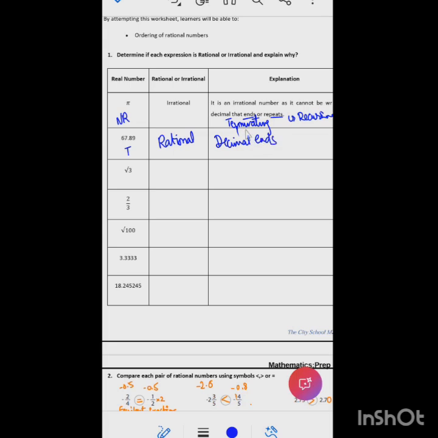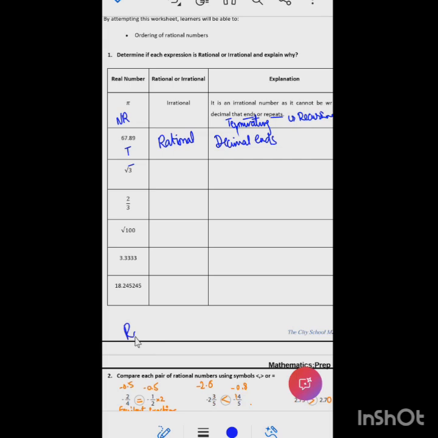So next is square root of 3. Ma'am, we have converted into like... No, no. I will tell you a hint about square roots.